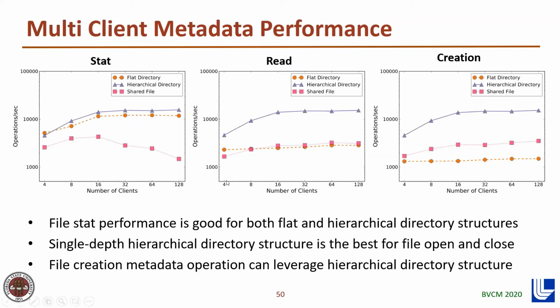In the case of file open and close, or file read metadata, posed by MD-test, we have seen that the single depth hierarchical directory structure alone wins against all the other directory structure configurations. For file creation as well, we had a similar trend for the single depth hierarchical directory structure.